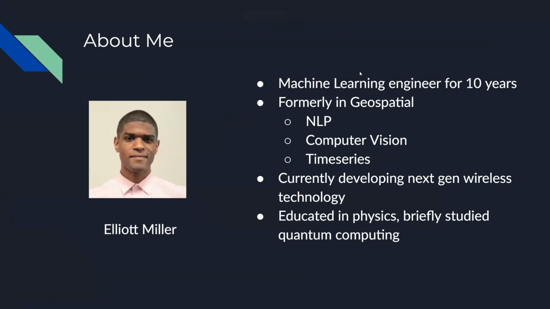A bit about me. I've been a machine learning engineer for 10 years. I previously worked for a company called Black Sky. I still have some of their merchandise, and yeah, it was really fun. I worked there for 8 years. I did NLP, computer vision, and time series analysis. I actually did a lot of other stuff, almost basically everything. I now currently work for a telecommunications startup, although I don't know for how much longer because I'm actively job searching.